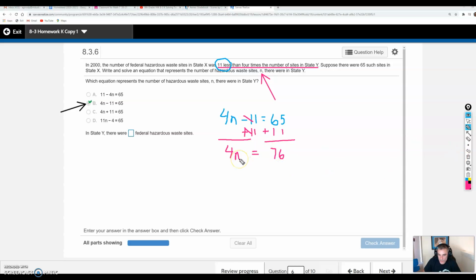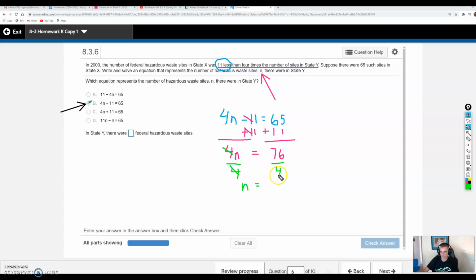And then since I'm multiplying n by 4, the way I get rid of that is by dividing both sides by 4. Those are going to cancel, and I get n is equal to whatever 76 divided by 4 is. Let's see, 20 times 4 would be 80. So this is going to be 19 times 4 would be 76.